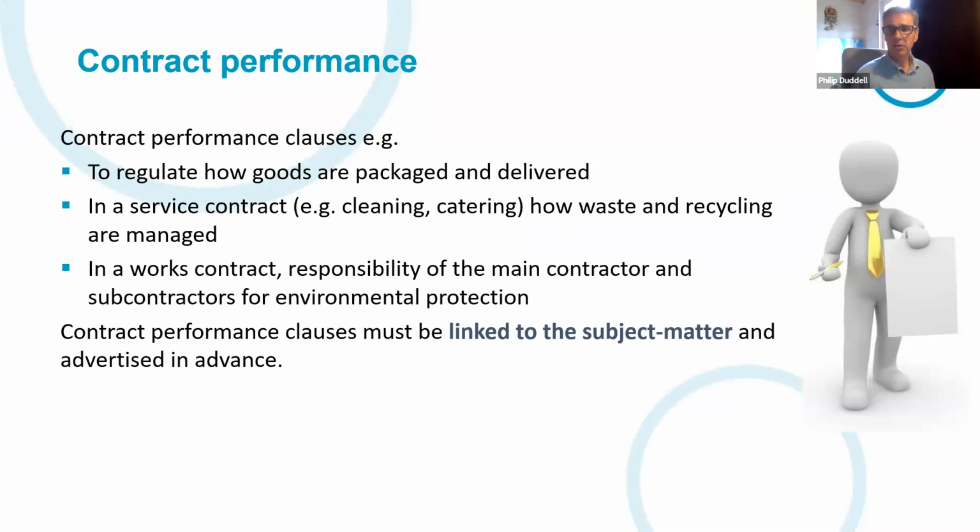How can they demonstrate what the supply chain looks like, and what approaches do they take, what capability and capacity building is taking place within their supply chain to enable that supply chain to be more circular. And of course, as we've said, the contract performance clauses must be linked to the subject matter of the contract, and of course, again, must be advertised in advance.